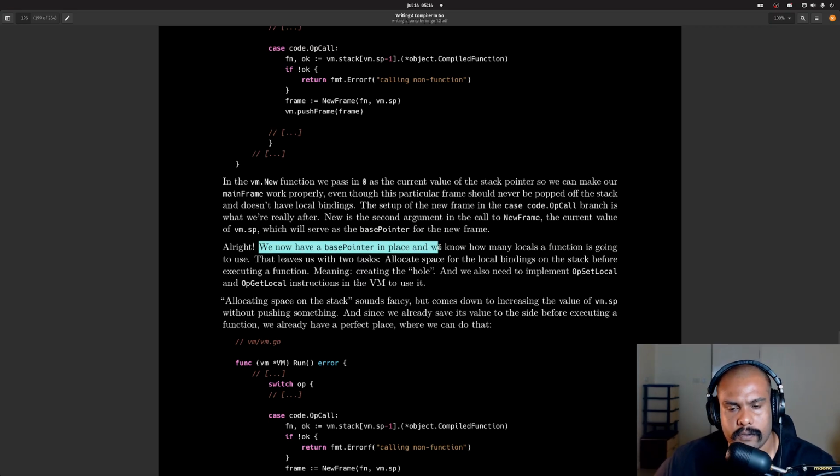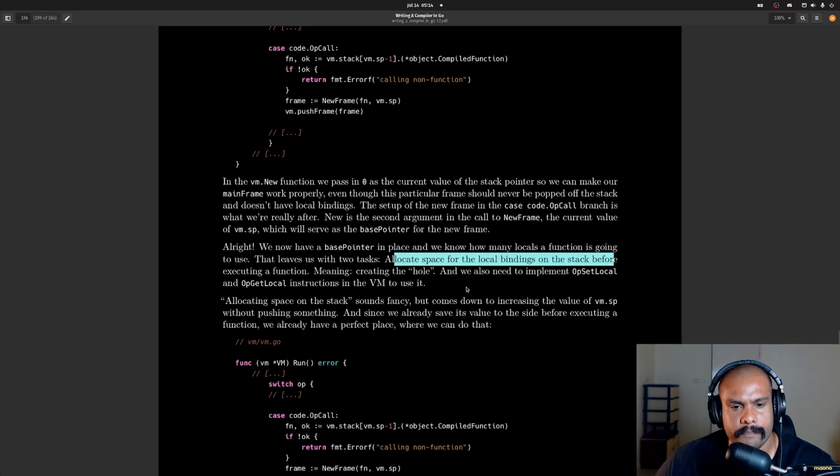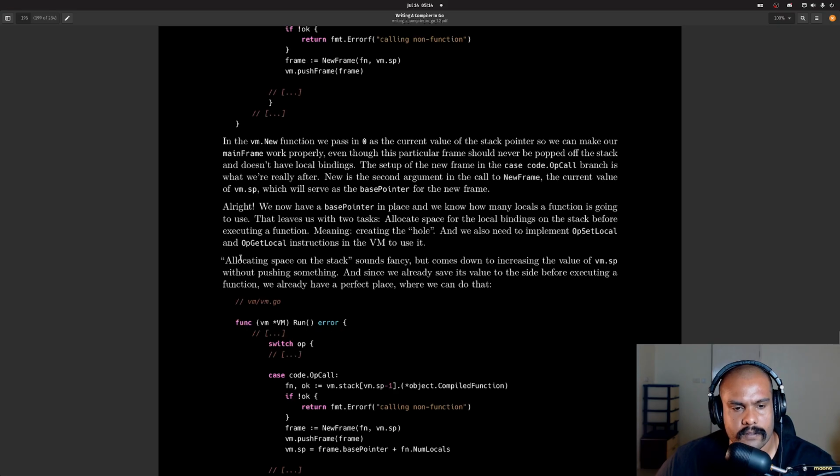We now have a base pointer in place and know how many locals a function is going to use. That leaves us with two tasks. Allocate space for local bindings on the stack before, meaning create the hole. And we also need to implement offset and get. Yeah, exactly.